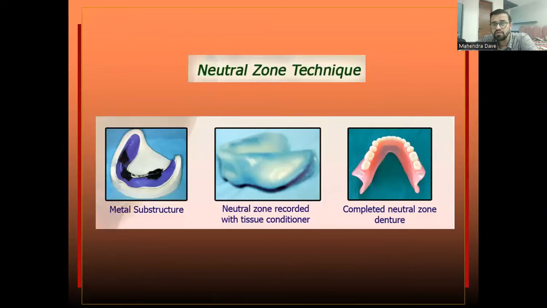Another technique is the neutral zone technique. It is made with regard to the equilibrium of the labial muscles and the tongue. The denture is fabricated in the neutral zone where these muscle forces are in equilibrium, so the denture is stable in the neutral zone.